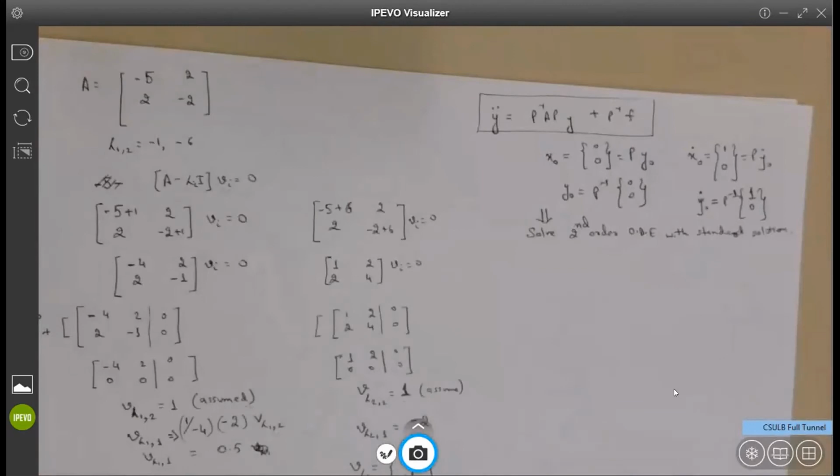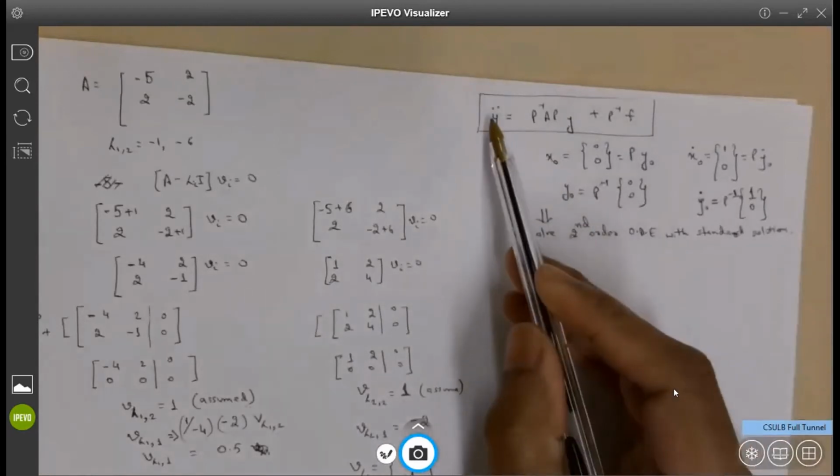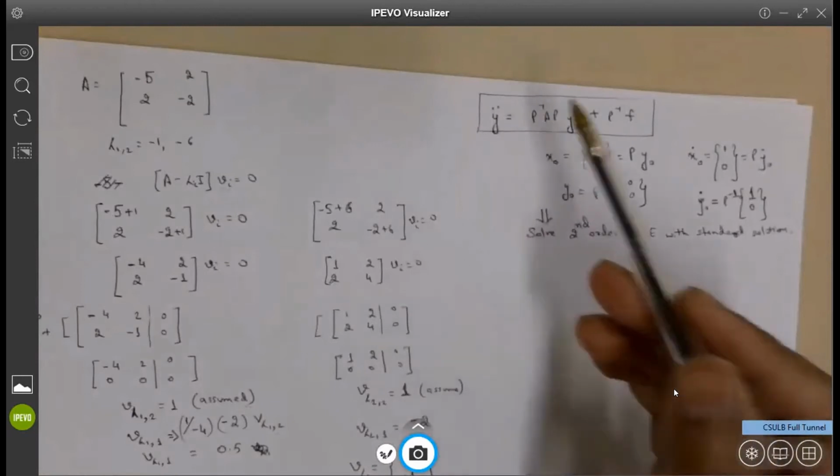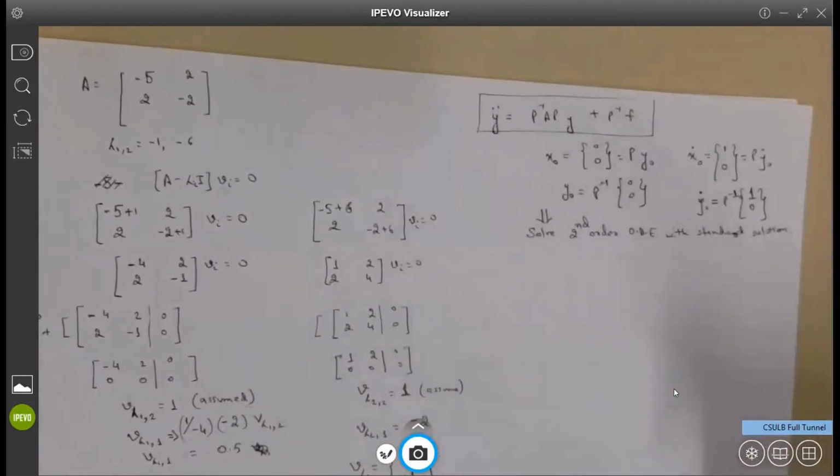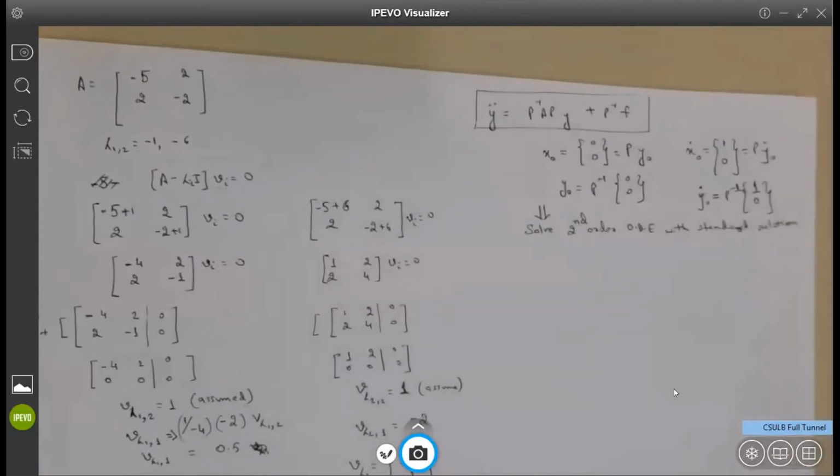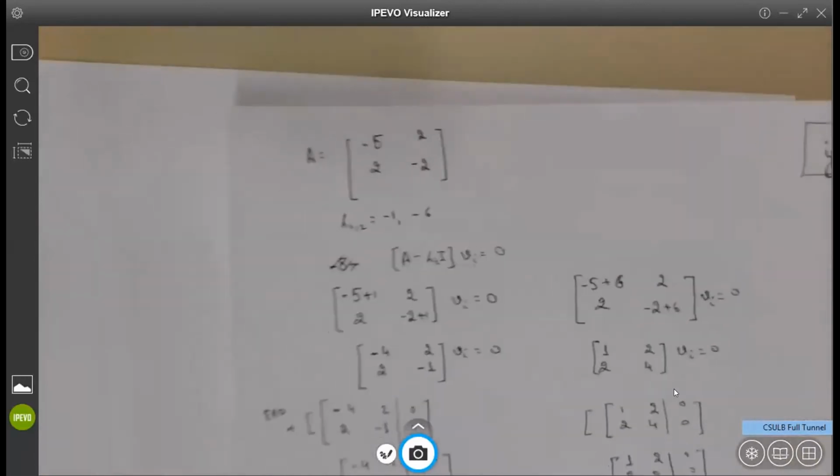The state space concept is going to be very useful in reducing any nth order differential equation into a system of n first order differential equations. What we are going to do next is see how we can convert a second order differential equation into a first order differential equation.